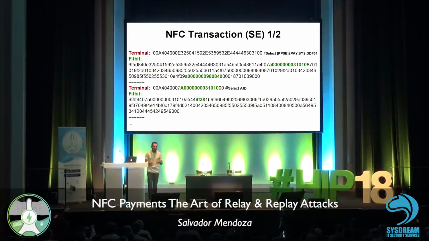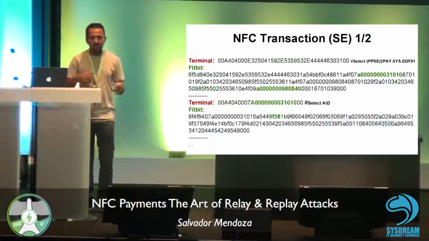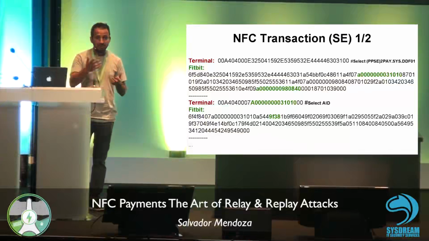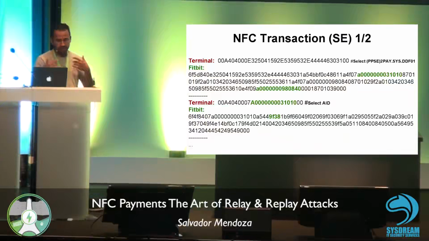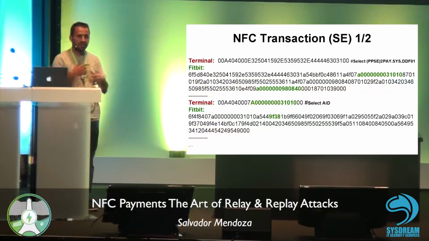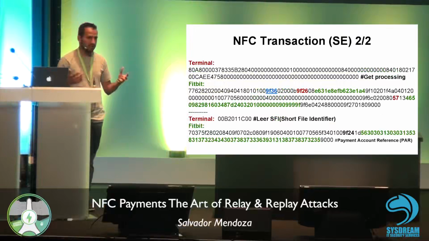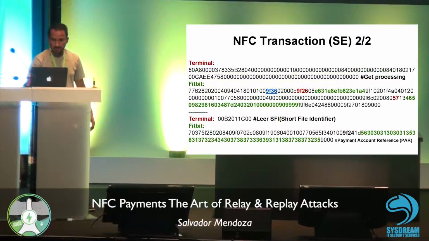It's the same thing when you are making a transaction. The terminal sends a command, the smart card, let's say the mobile device, answers the question, and the terminal sends another command, and it keeps going until the transaction is finished. In 4 commands the transaction has to be finished, so it takes less than 500 milliseconds.